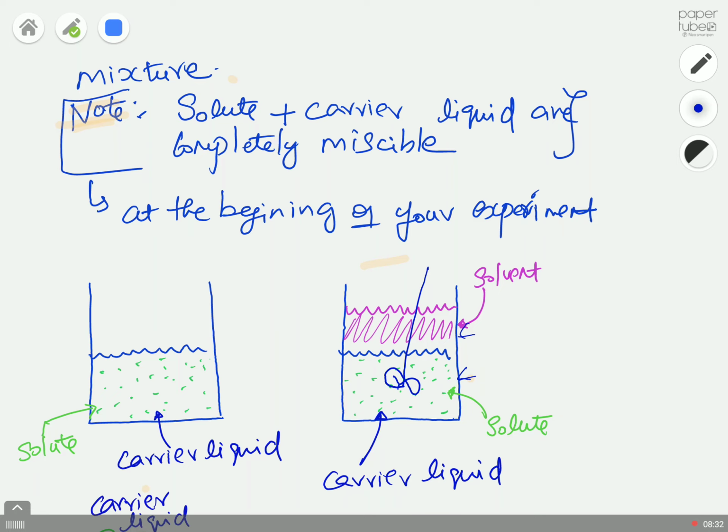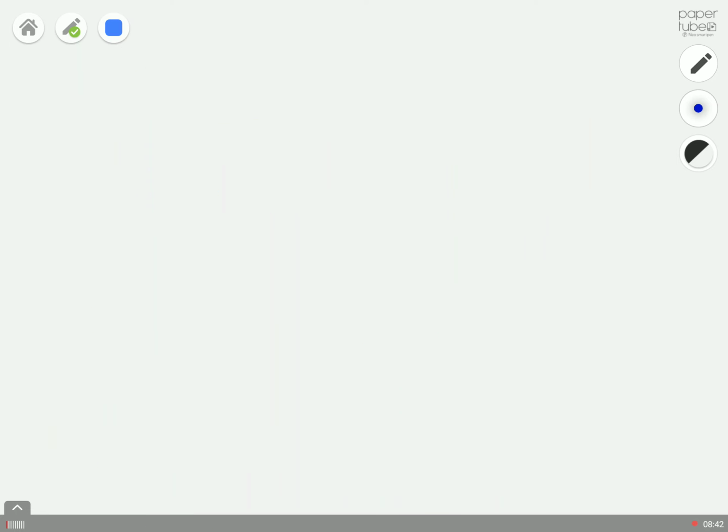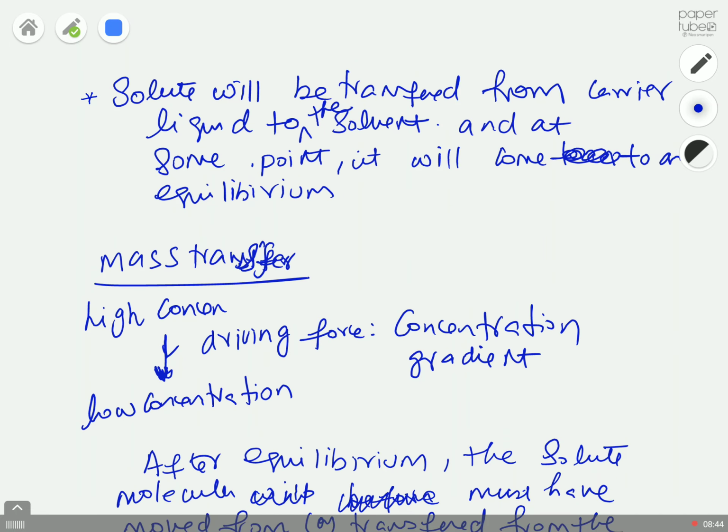The solute molecule which is dissolved in the carrier liquid will transfer to the solvent. So I think I wrote it here: your solute will be transferred from the carrier liquid to the solvent, and at some point you will come to an equilibrium stage. I hope you all know what's meant by equilibrium stage.